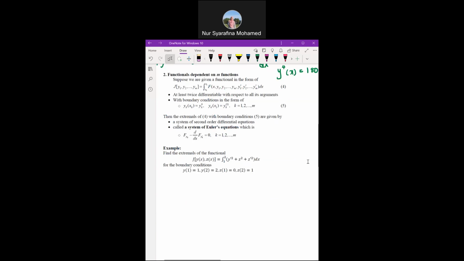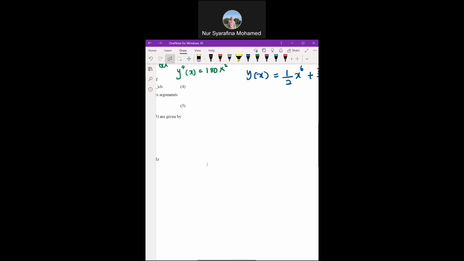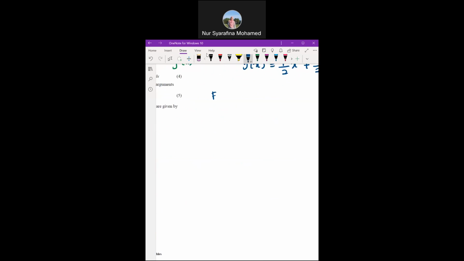Okay, so we have done with Euler. Remember, in the Euler equation we find the extremal of f(x, y, y prime). And then we got the Euler-Poisson equation, where we solve up until nth order.